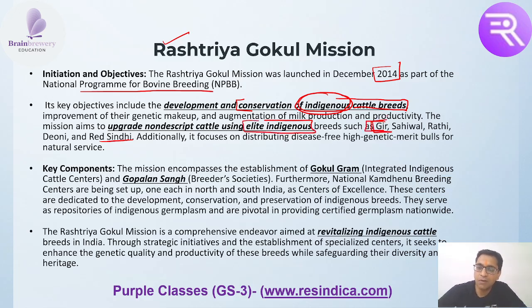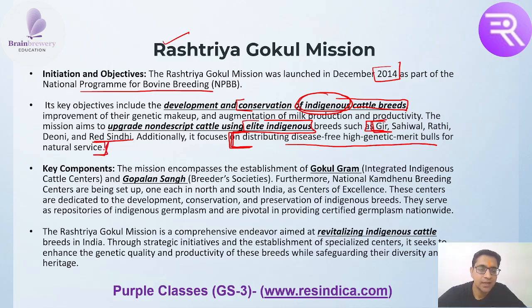We will be crossing our elite indigenous breeds with our local, less elite indigenous breeds, so that they become much more resistant. Okay, so that they become disease free and we will have a good genetic variety of our own cattle population. And we are also focusing on distributing disease free, high genetic material bulls for natural service.